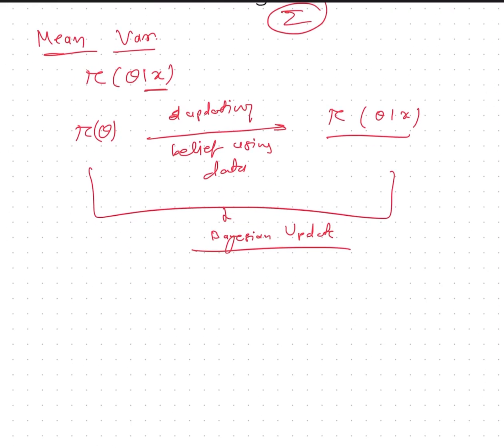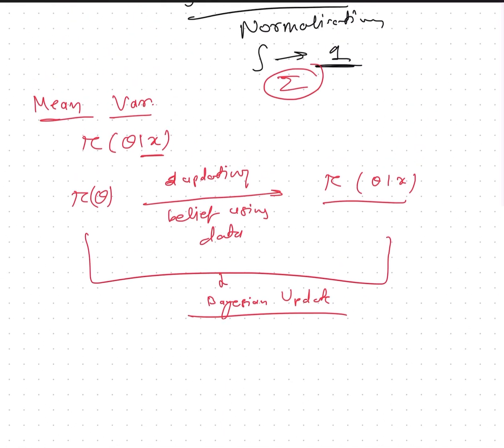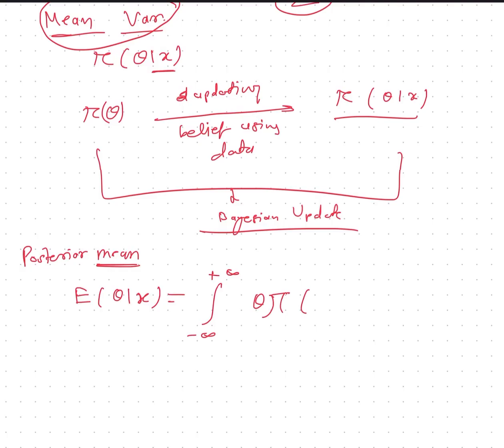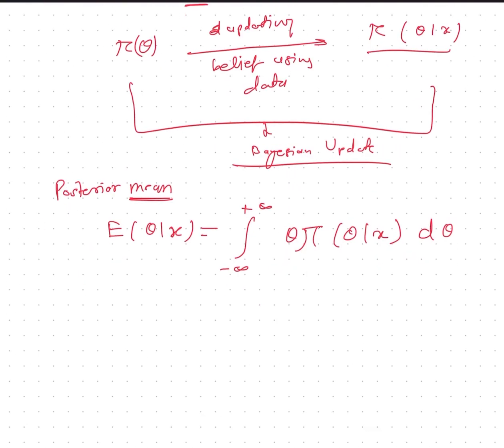Now we are going to summarize our posterior. What better summary measures are there than the mean and variance? First, obtaining our posterior mean. Our posterior mean is given as the integral from minus infinity to plus infinity of theta times the posterior density function, d theta.